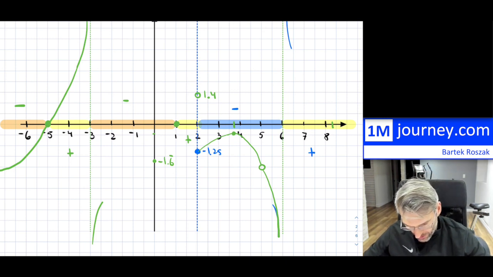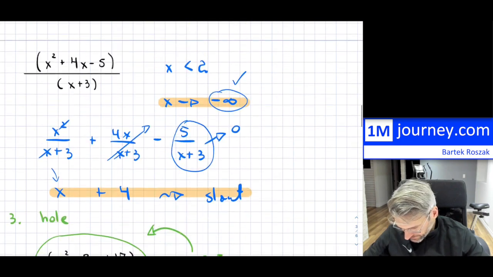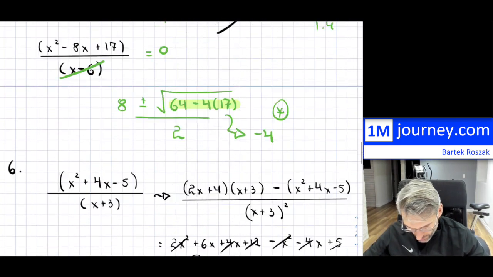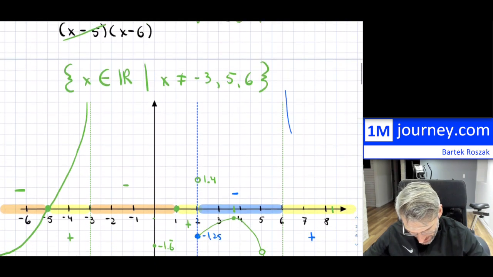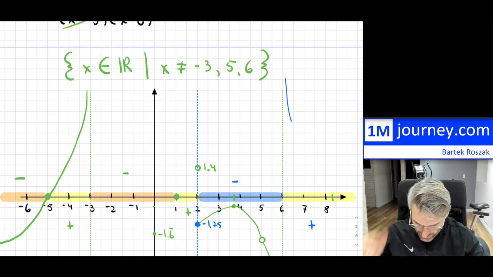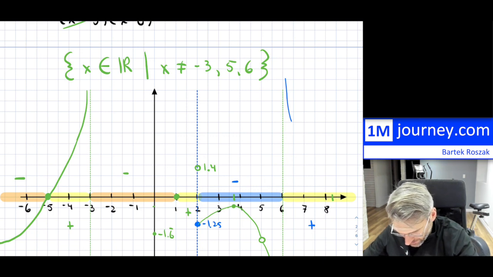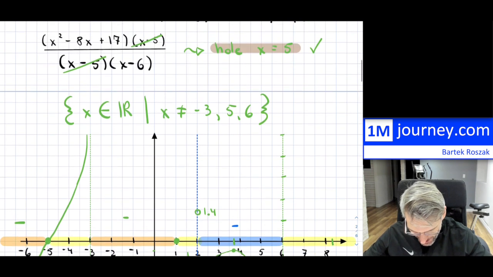Now for the other one, for the 8.236, it's 8.47. So that's going to be further out here. The way that I drew it, it actually won't even fit. If this was like 1, 2, 3, 4, it's somewhere up there.